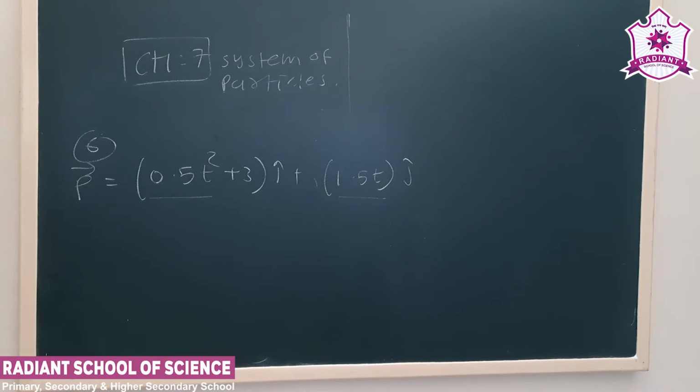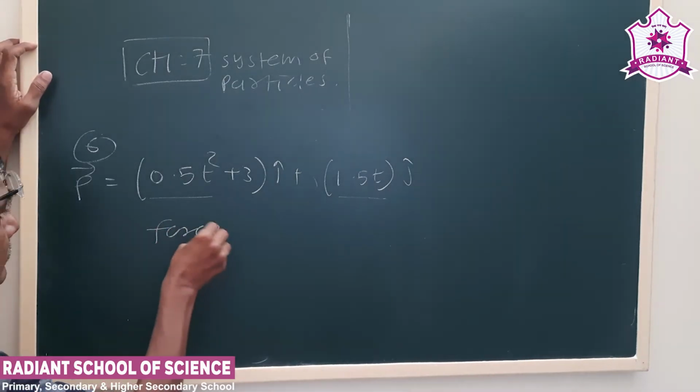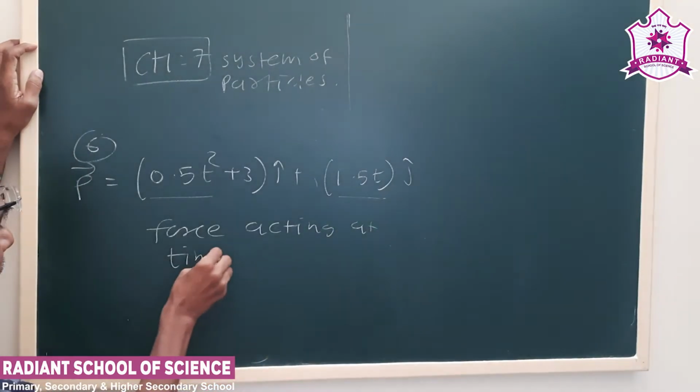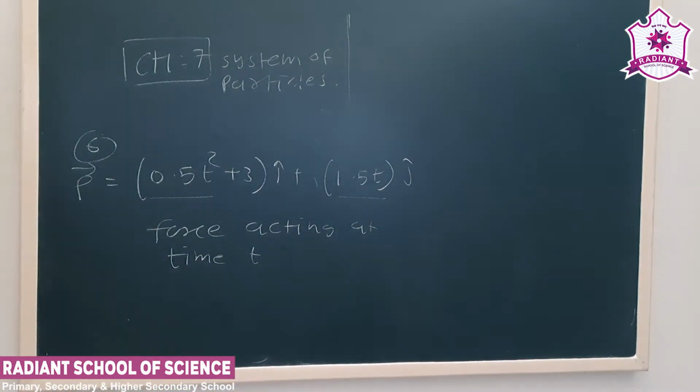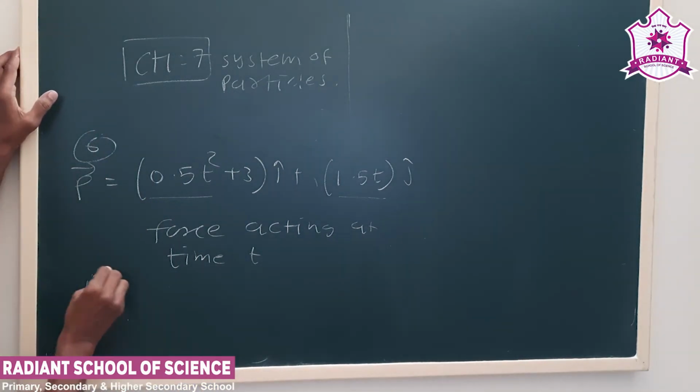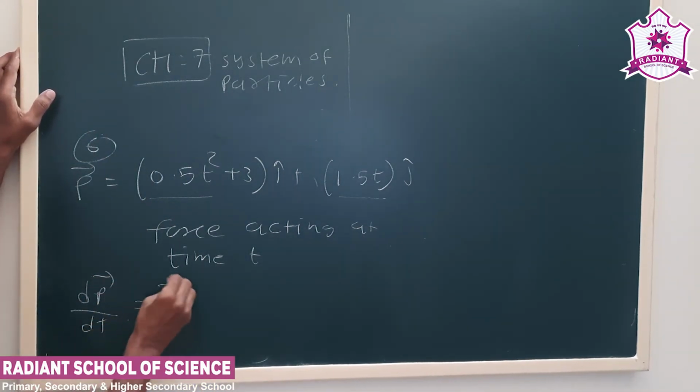See, we have to find out the force acting at time t. Now here will be a generalized formula, no particular time is given, but we know the formula dp by dt is force.